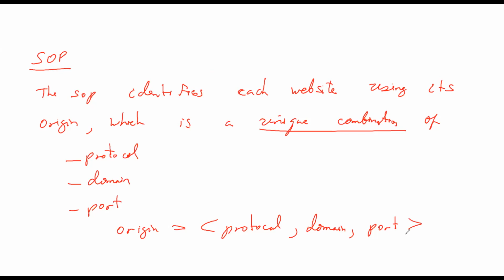So based on this, the browser creates a context for each origin.